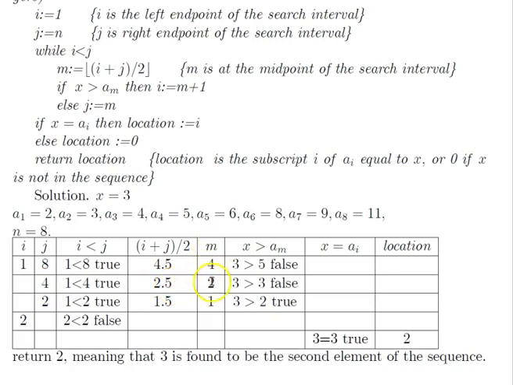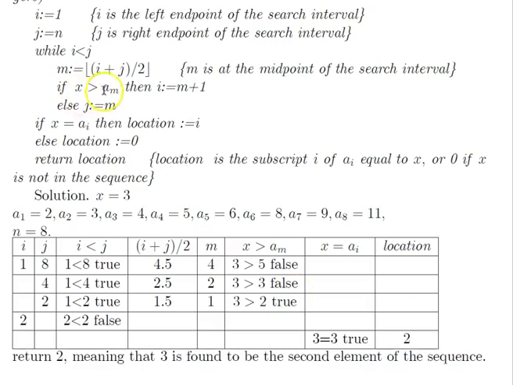And m takes value the floor of 2.5, which is 2. Then the if statement comes, is x greater than a sub m. 3 greater than a sub 2. a sub 2 is 3. 3 greater than 3 is false.